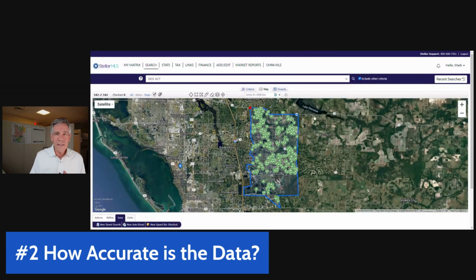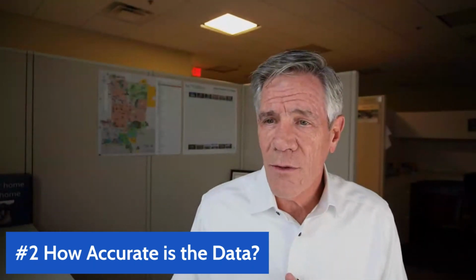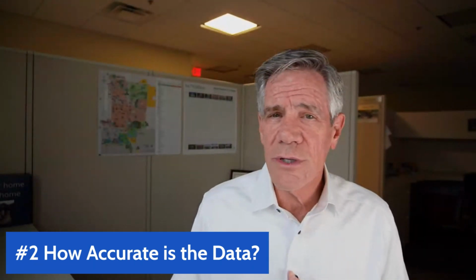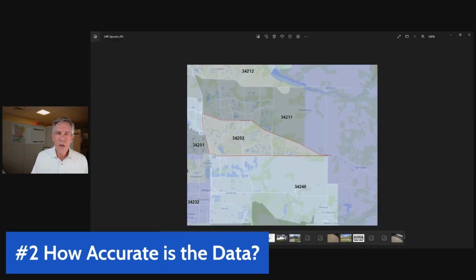Well, one of the things that I did was I did a zip code. So let me see if I can show you this zip code map, and I'll try and share this with you so that you can see what this looks like. So as you can see here, this is a zip code map. So mainly 34202 and 34211 are the zip codes for Lakewood Ranch.